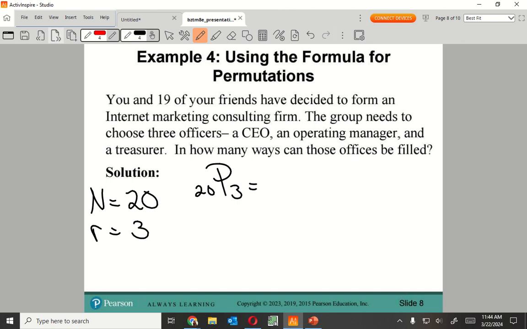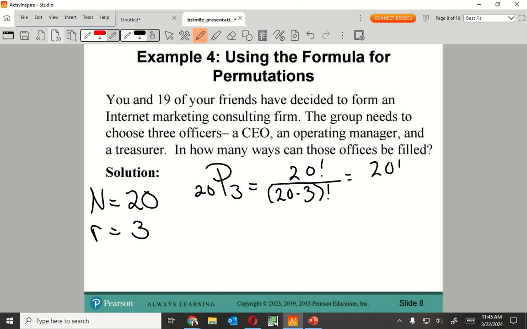So let's go ahead and fill in our blanks. So it's going to be N factorial. So my N is 20 factorial divided by parentheses N, which is 20 minus 3, close, factorial. All right, and so mathematically, I can put this in the calculator as is here, or I could do a little bit of math first.